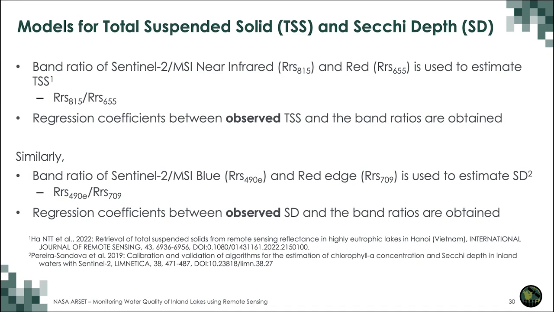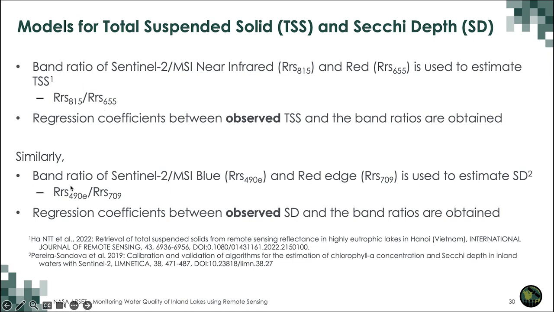For demonstration purposes, again, we use near infrared and red reflectance ratio for TSS, and references are given here. These are again derived from different lakes, not Lake Erie, but we are going to try and find coefficients for Lake Erie based on this band ratio.